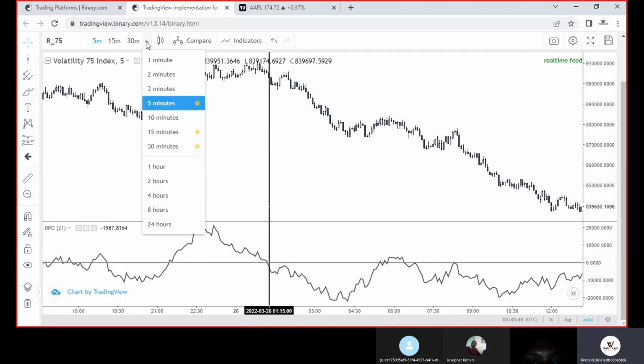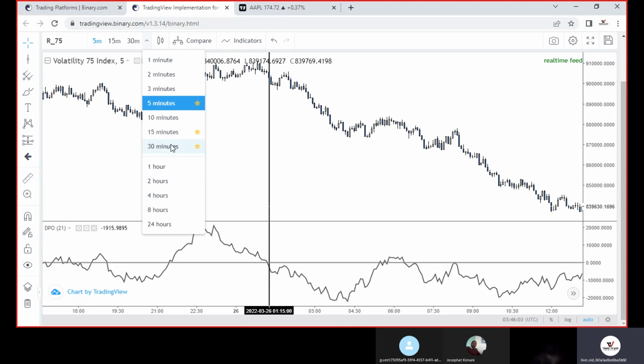First things first, you need to use multi-time frame analysis on this. By multi-time frame analysis, your entry should be on 5 minutes, while your overall analysis should be on 1 hour and 30 minutes.